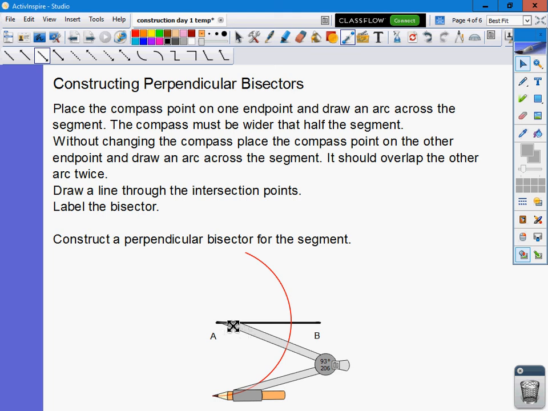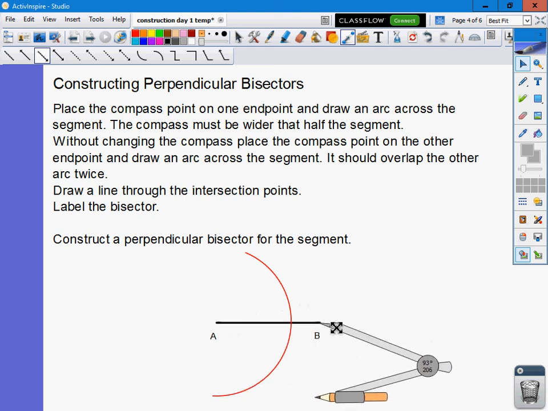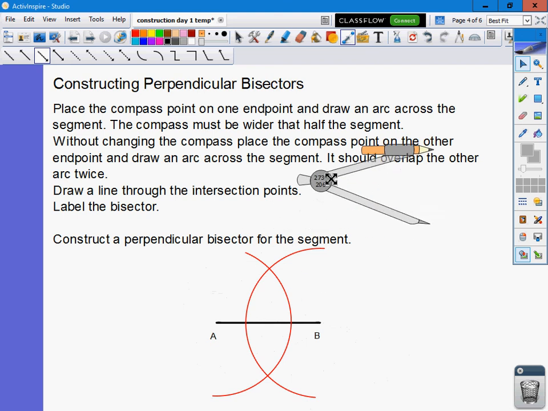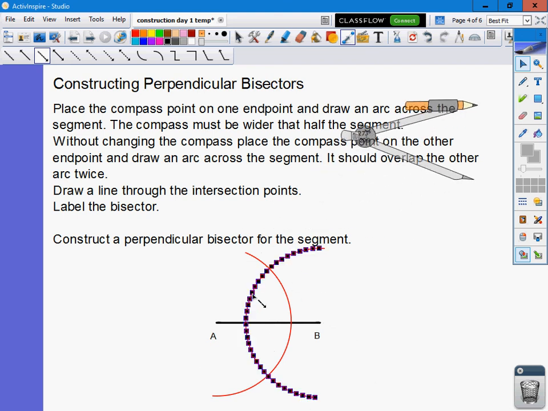Slide it over to the other end point without changing the setting, and make another mark. And what you should see is two half circles that are intersecting each other.